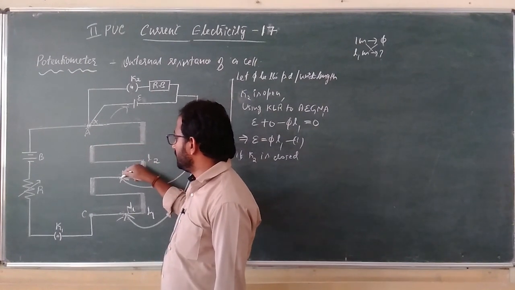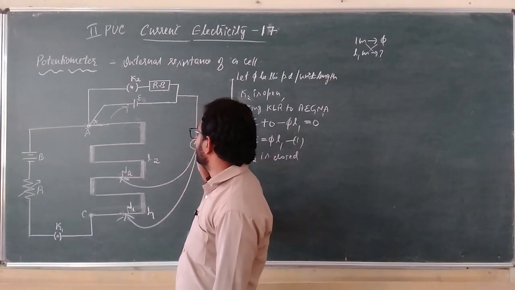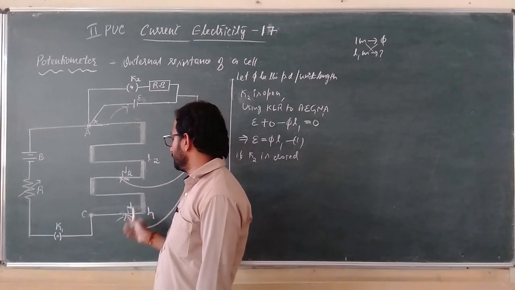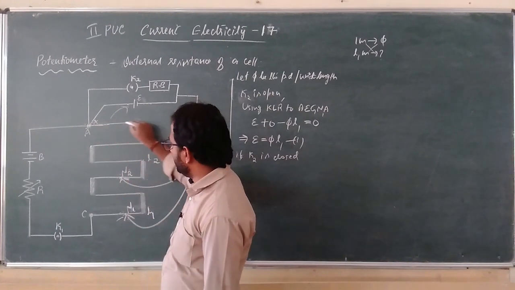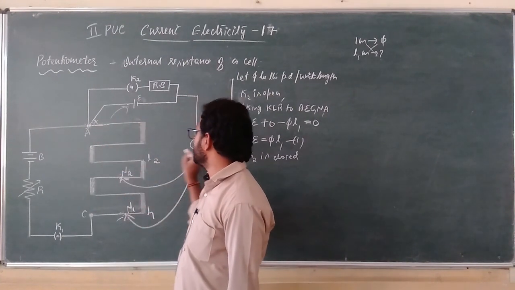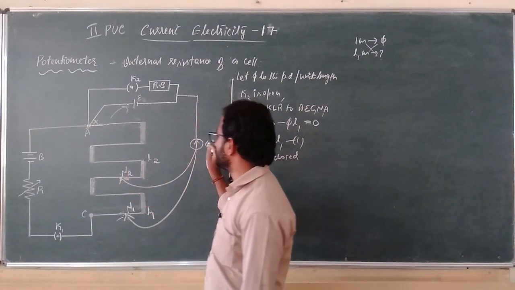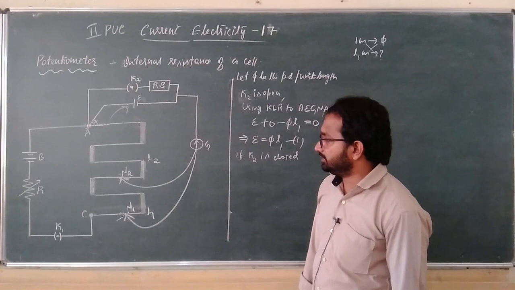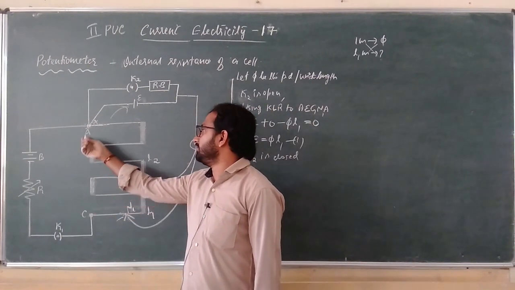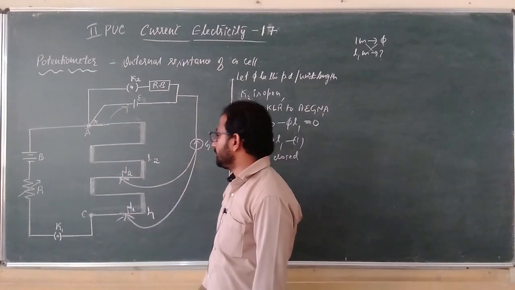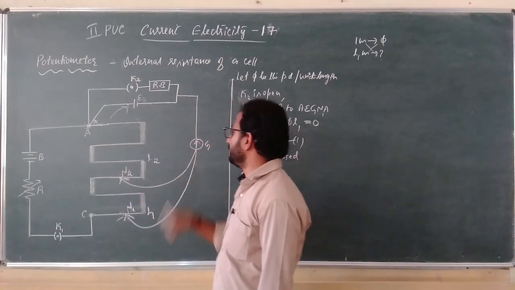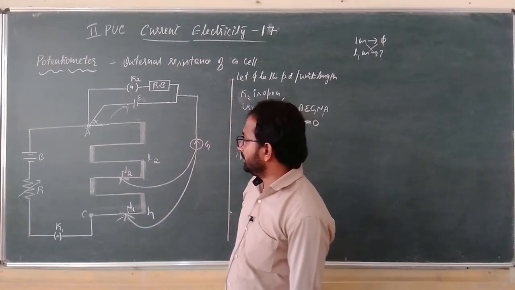You have to move it until the galvanometer shows 0 deflection. Say at point N2 the galvanometer shows 0 deflection, that is, at a length AN2.